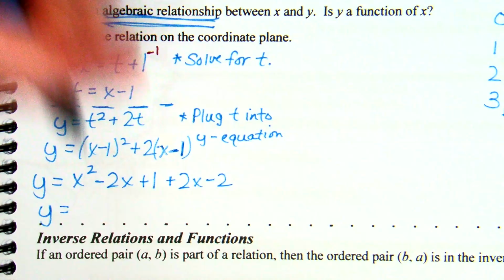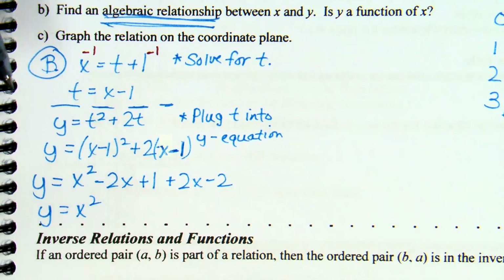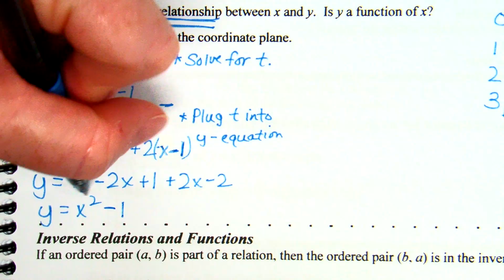Why is it minus 2x? Because we foiled. You've got to get that middle term in there. So we had x squared, minus 2x plus 2x cancel. 1 minus 2 makes it minus 1. So you have the algebraic relation y equals x squared minus 1.